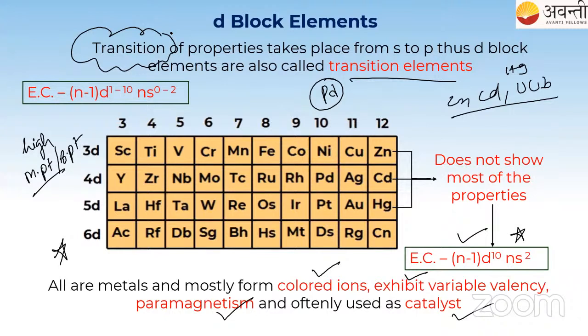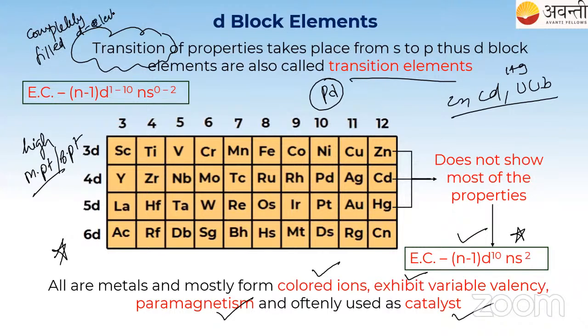And these transition elements are defined with a particular property. What is the meaning of a transition element? That should be incompletely filled d electrons.